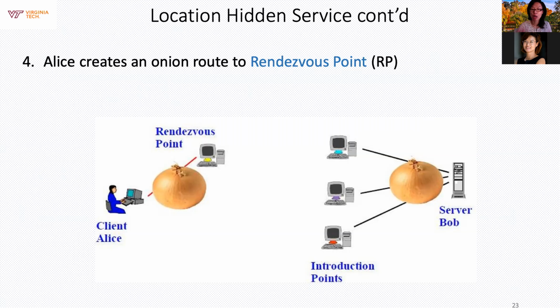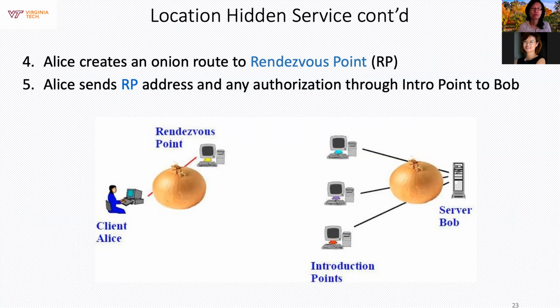Alice also has a public-facing machine that represents her agent. And then Alice sends the rendezvous point's address and some additional information to the introduction points of Bob, sort of like an application. Okay, here is my information, my rendezvous point. Do you want to accept my connection?